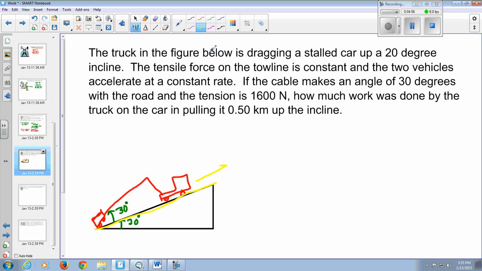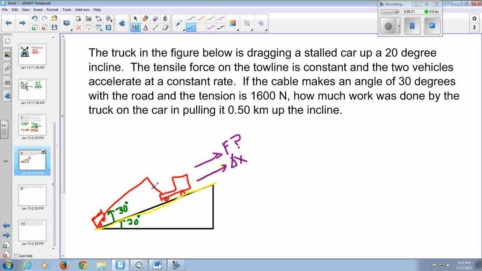I'm going to use a different color. We're displacing uphill. Our displacement is uphill, and we want to know what force is causing that displacement uphill, and how much work was done.